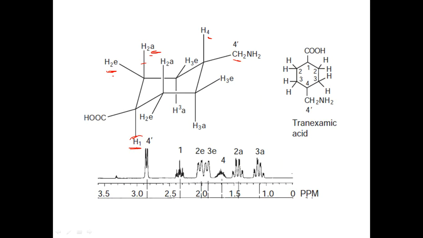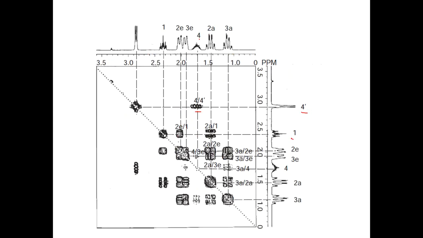So you have equatorial, and you can see how this is interacting with this and how that is interacting with that. That is seen in this particular region, 2 equatorial and 2 axial. In the same way, for each and every proton you can detect which ones it is interacting with. That clearly shows how the correlation, the spin-spin coupling between protons, can be identified from the 2D NMR spectra.